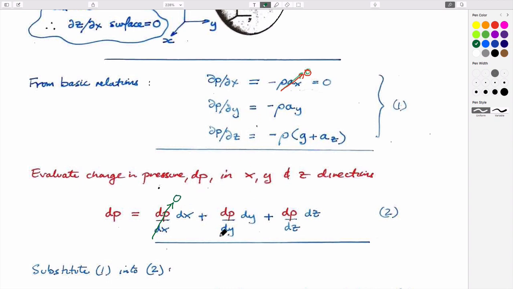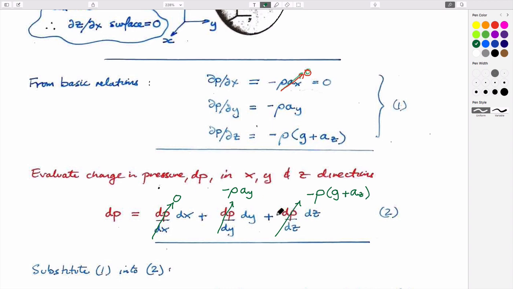We have an expression for how pressure changes in the y direction, which is equal to negative density times the acceleration in the y direction. And we have an expression for changes in pressure in the z direction, which is equal to minus density times the sum of two accelerations. Gravity, which always acts, is a positive number. Even though it acts downwards, we always assume that it's positive. That's what this negative sign comes from. And an acceleration that we apply in the z direction, which is going upwards.